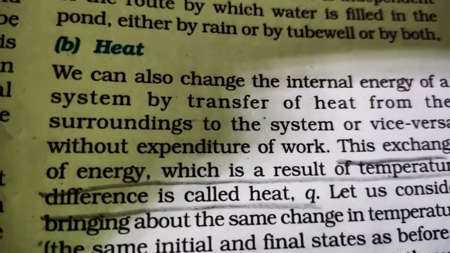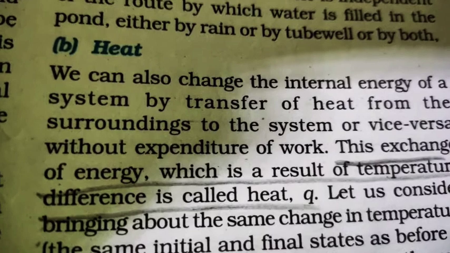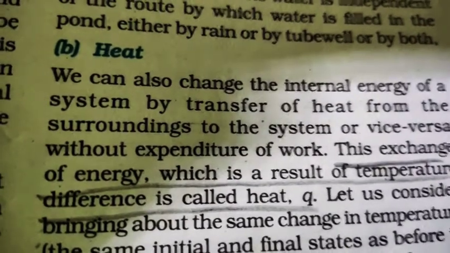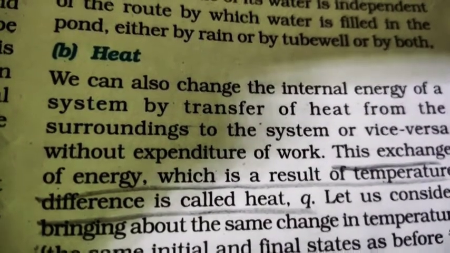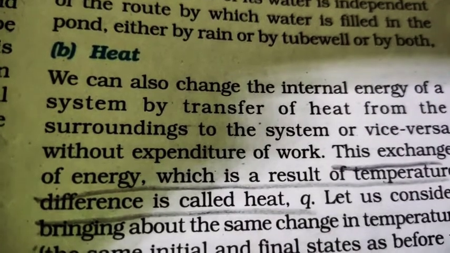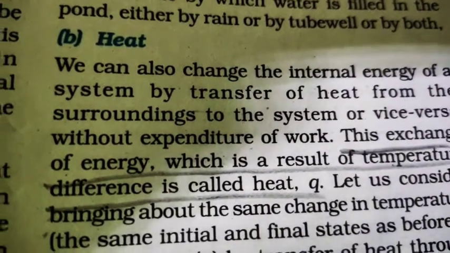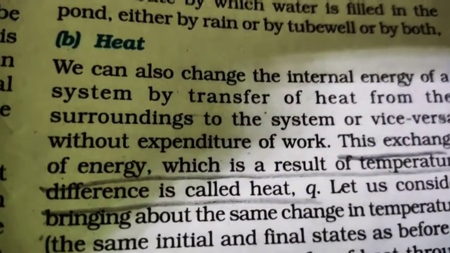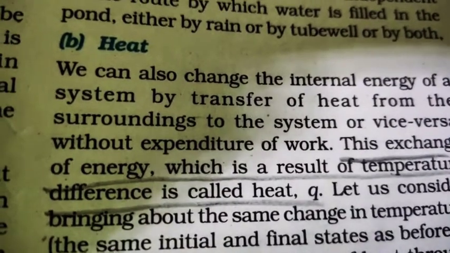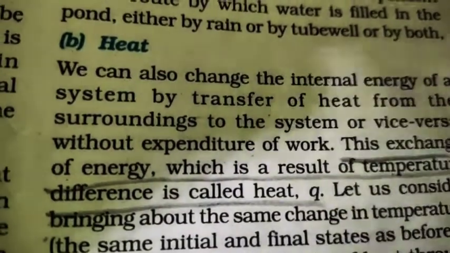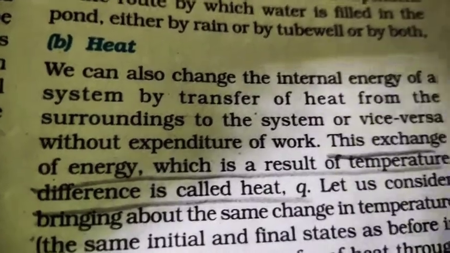At that point the heat flow will be the same from the surrounding to the system and from the system to the surrounding. This is another topic which we will study later on, and that chapter is called equilibrium. We will study that later, and now let us go to the other topic.